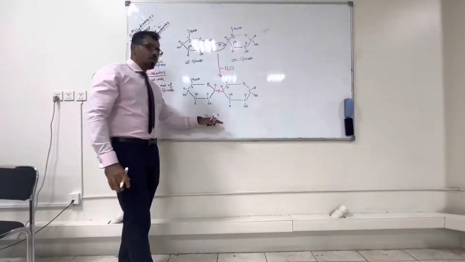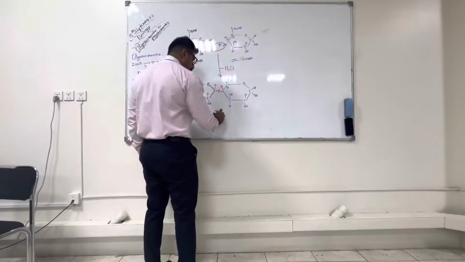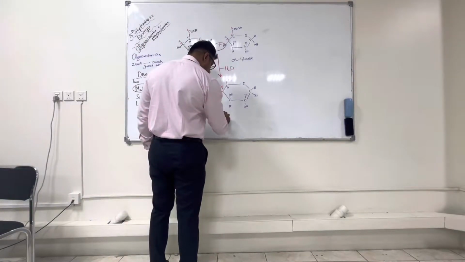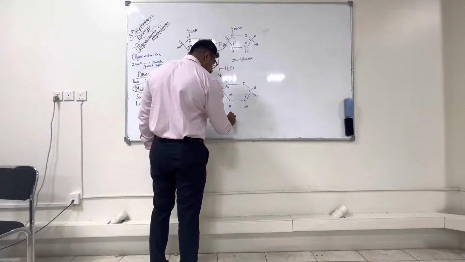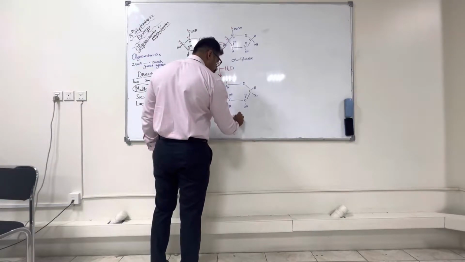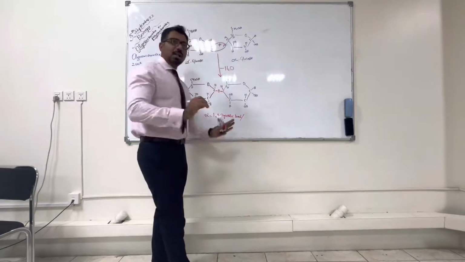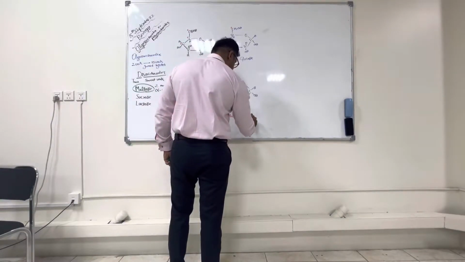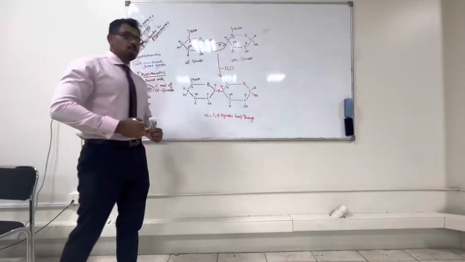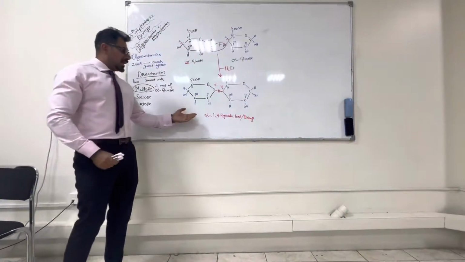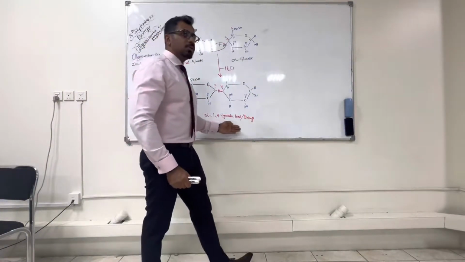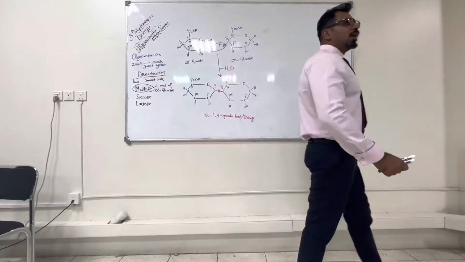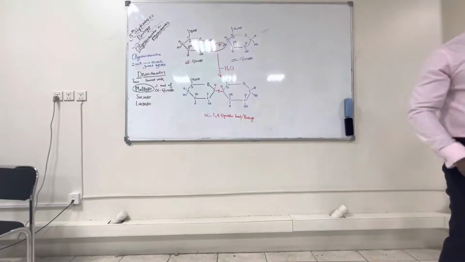So alpha 1, 4, and this bond is called a glycosidic bond, or we can also write it as glycosidic linkage. So we will name this bond as alpha 1, 4 glycosidic bond or alpha 1, 4 glycosidic linkage.